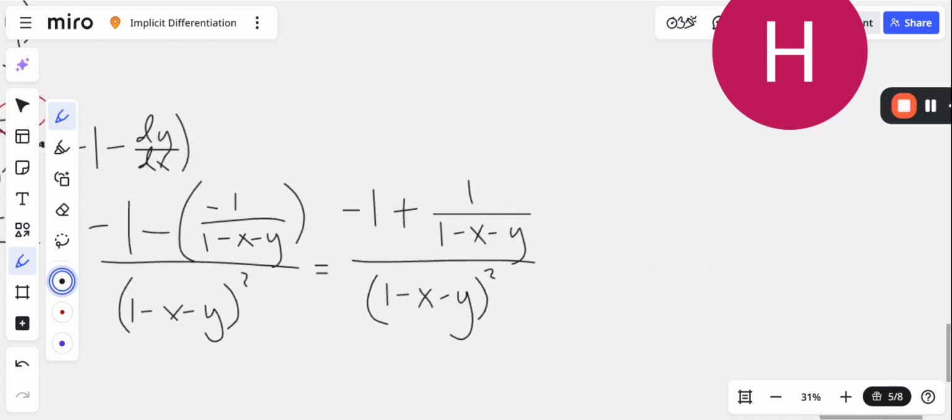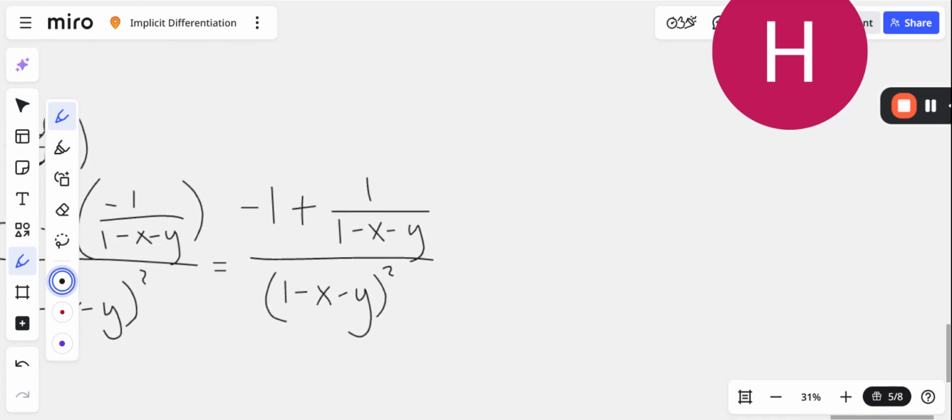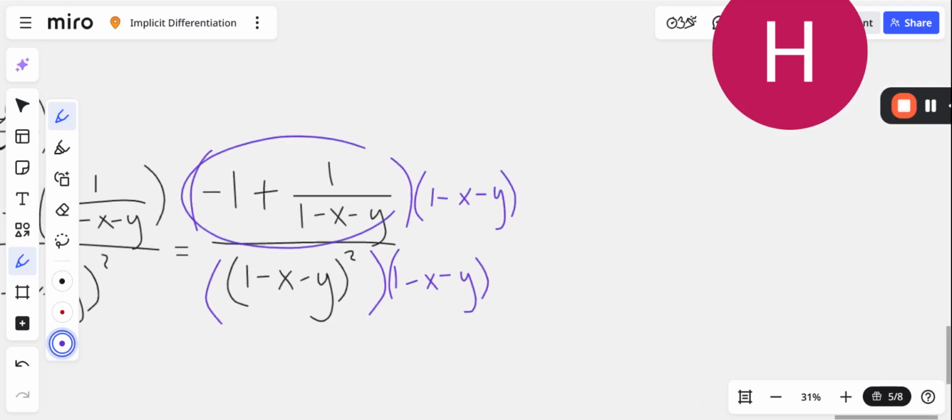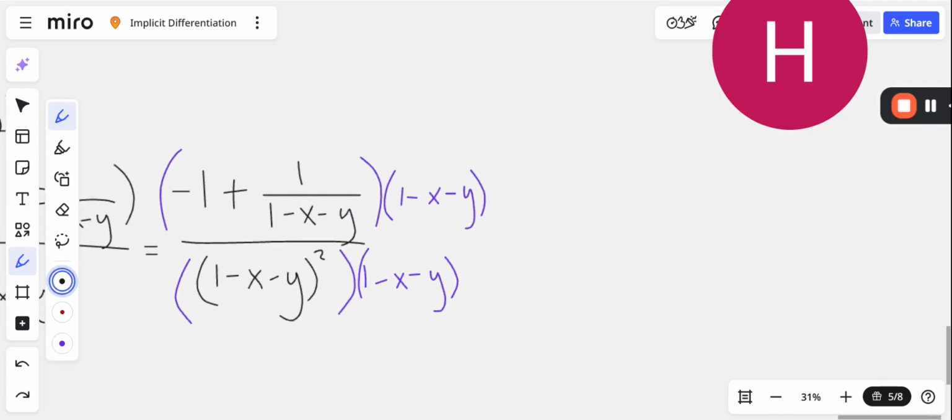If you're cool with it like that, that's fine. But to make this a little bit nicer, I think we should just multiply the top and bottom by 1 minus x minus y, which is equivalent to getting the same denominator, or allowing the top to be added together, basically. That's what we're doing.